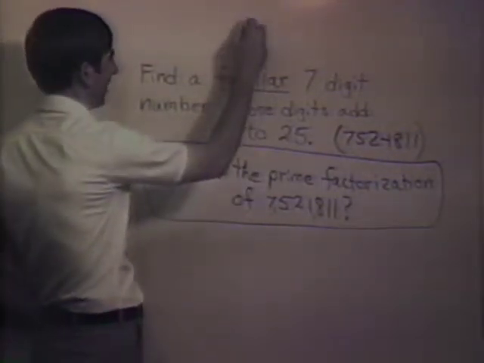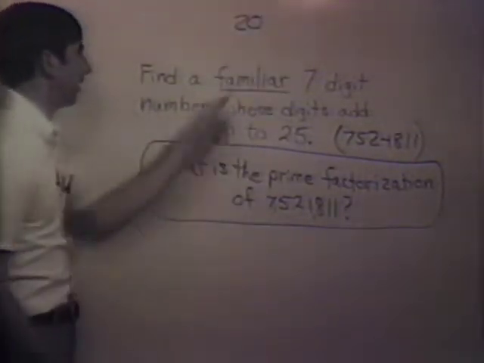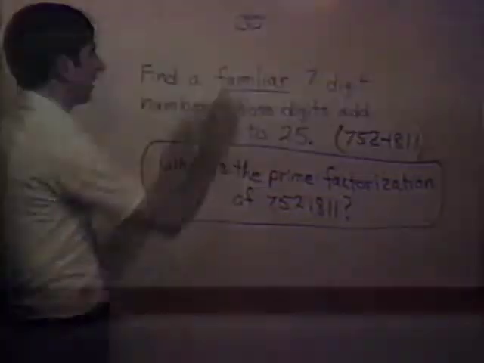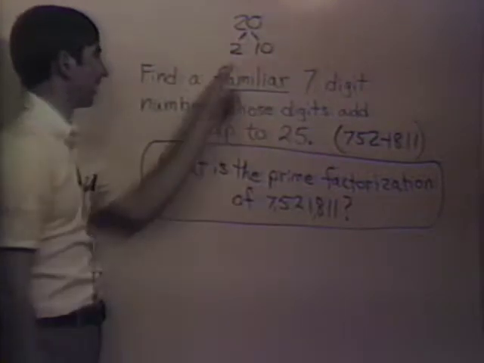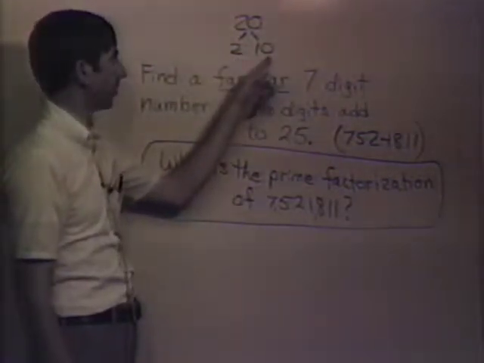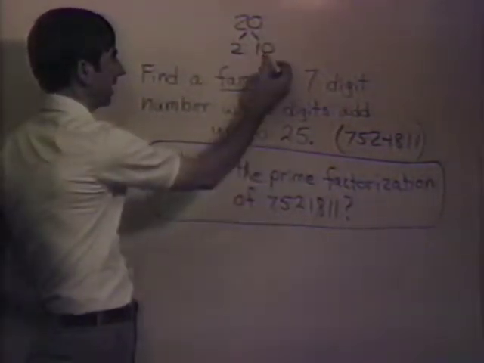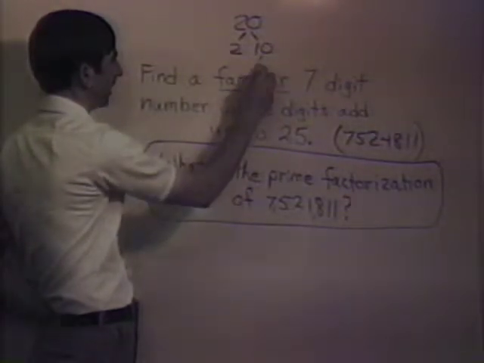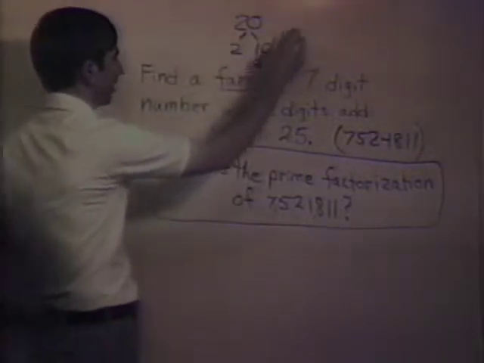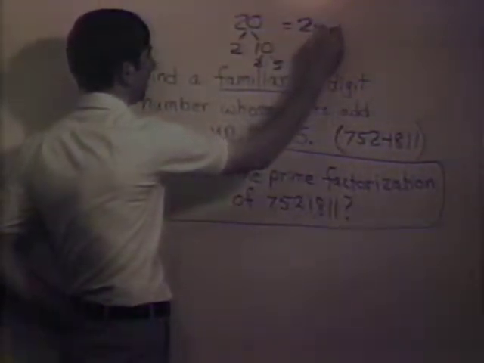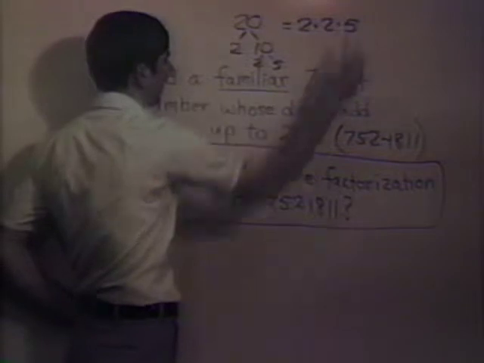Maybe writing an example would be the best way to explain it. If we took the number 20, we can factor 20 into 2 times 10. Now 2 is a prime number, but 10 is not a prime number. So we would need to split the 10 up. And if we split the 10, we could split the 10 into 2 times 5. So the prime factorization of 20 would be 2 times 2 times 5.